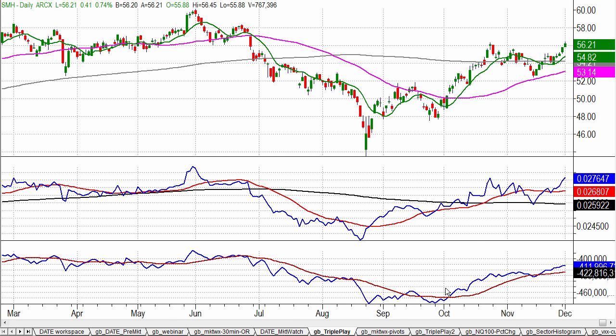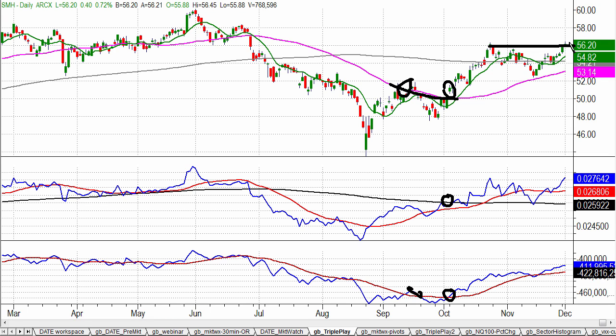So you can see how I would have picked this up down here as it was crossing the 50 for really the second time, the triple play was back in gear, really for the second time after this little head fake here. So as a triple play trader, this one was a pretty easy, hey, this is one you want to get in on now, but that's not to say that you've missed it. Right now, it still looks really good breaking out over this level, especially if the market holds up.